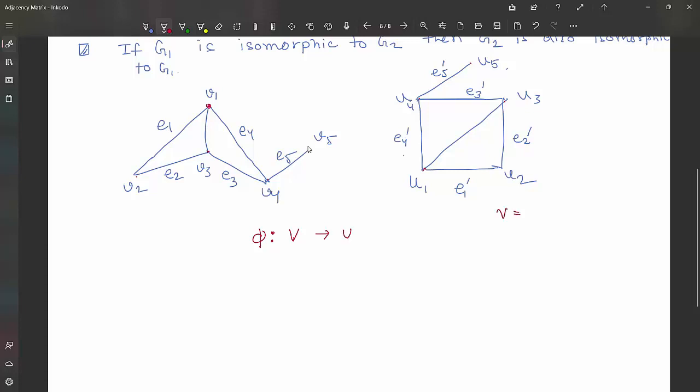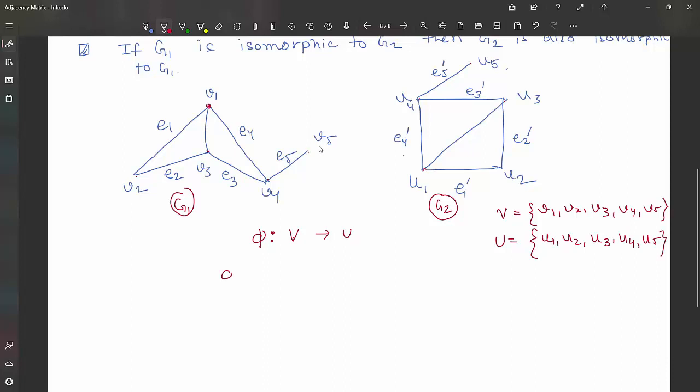So where V is the vertex set V1, V2, V3, V4 and V5, and U is the vertex set of the second graph. If this is G1 and this graph is G2, then U1, U2, U3, U4 and U5.